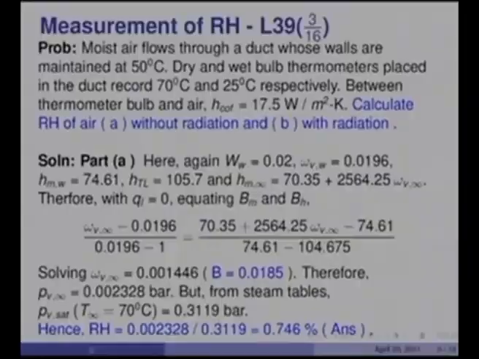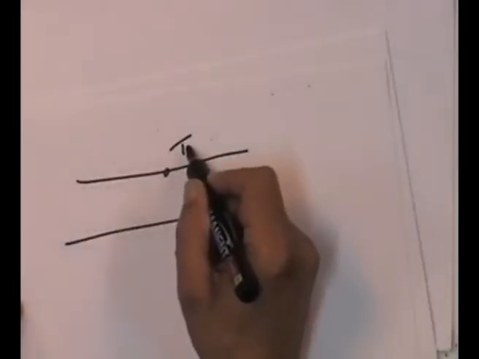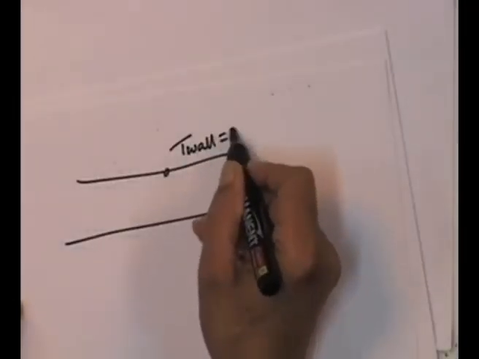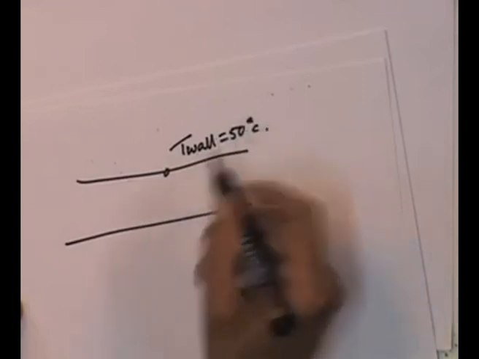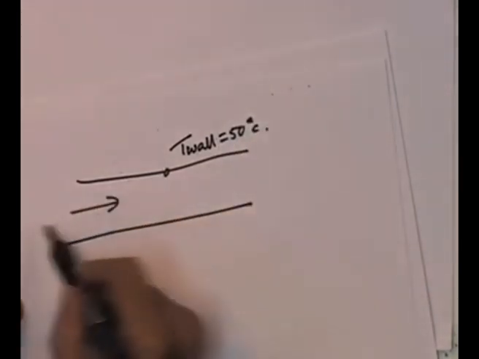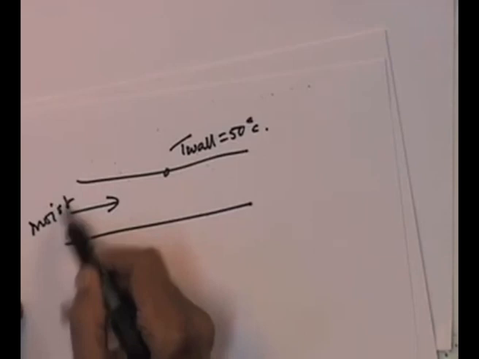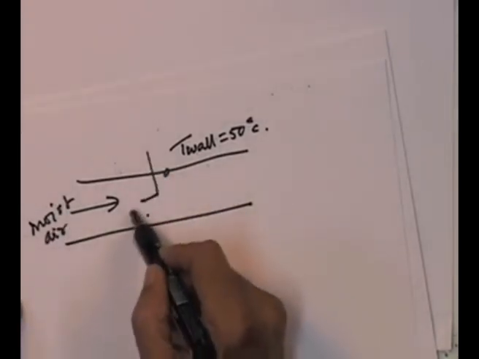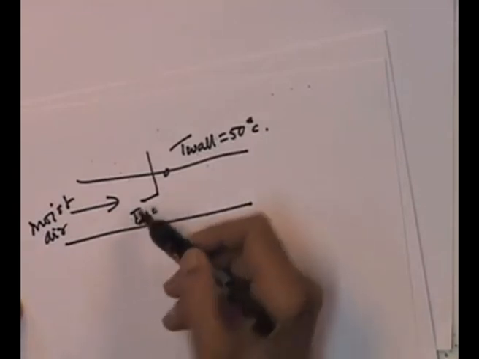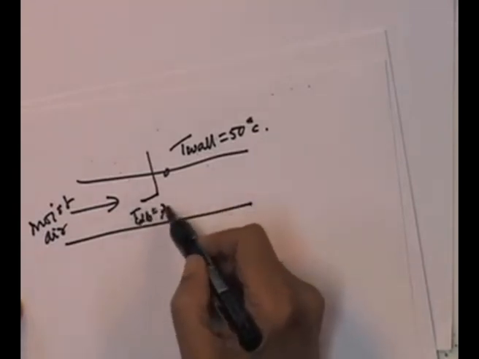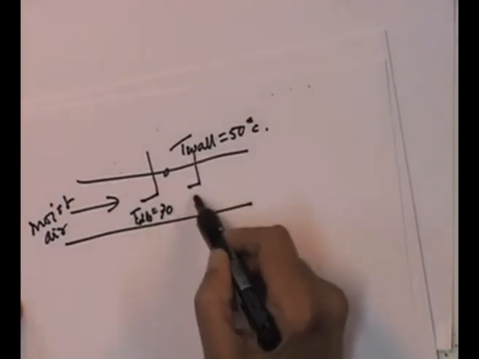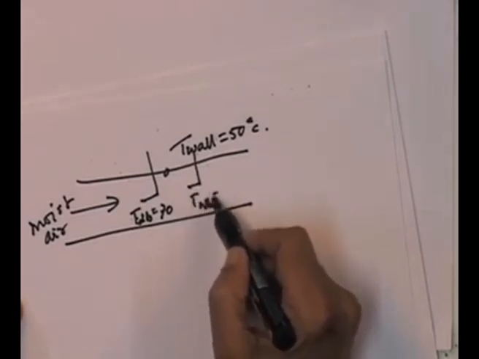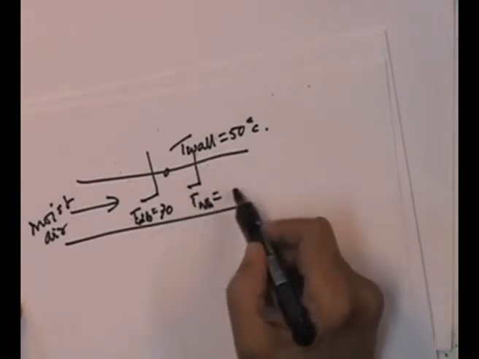So, we have a duct whose wall is at 50 degrees centigrade and moist air is flowing through it. We have the dry bulb equal to 70 and we have the wet bulb equal to 25.